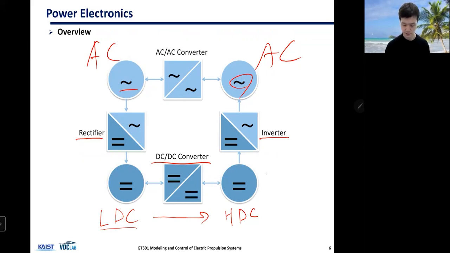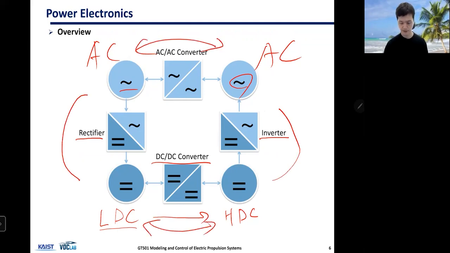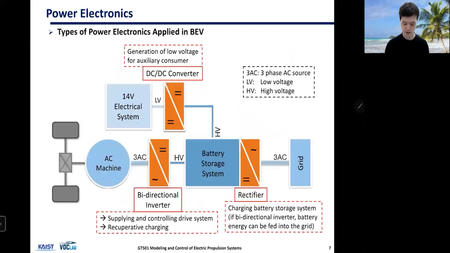So you have these four converters, and we'll talk a little bit about each converters. Okay, just simple brief introduction to how each converters work.